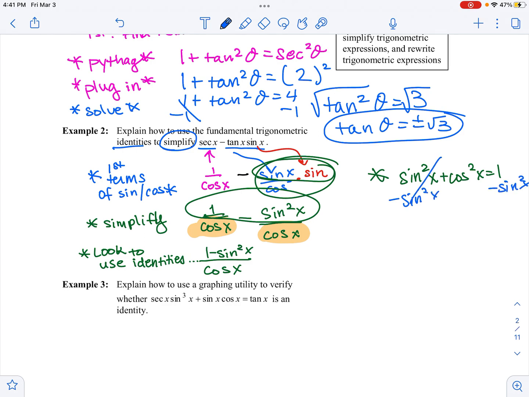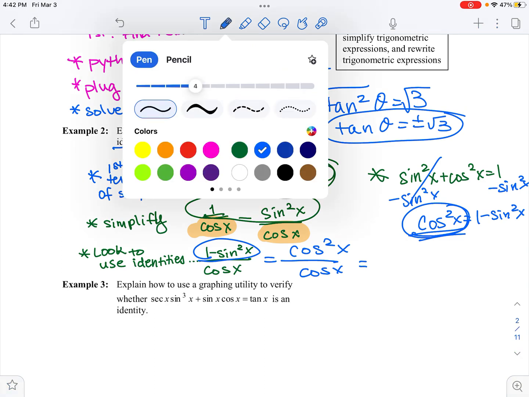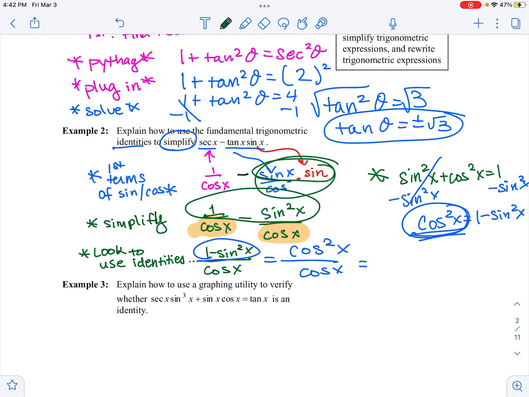This is based on the same identity, but we're rewriting it so it becomes a new identity: 1 minus sine squared x equals cosine squared x. So I'm going to rewrite this as the cosine squared x that I just found. So if I've got cosine squared x divided by cosine x, that's going to cancel out the squared and this cosine, and I just get cosine x.